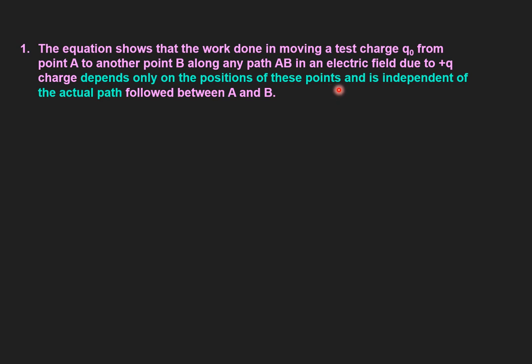It simply depends on the final point and the initial point, and is independent of the actual path. It does not depend on the path followed between points A and B. So this work done is path independent; it simply depends on the initial and final positions.